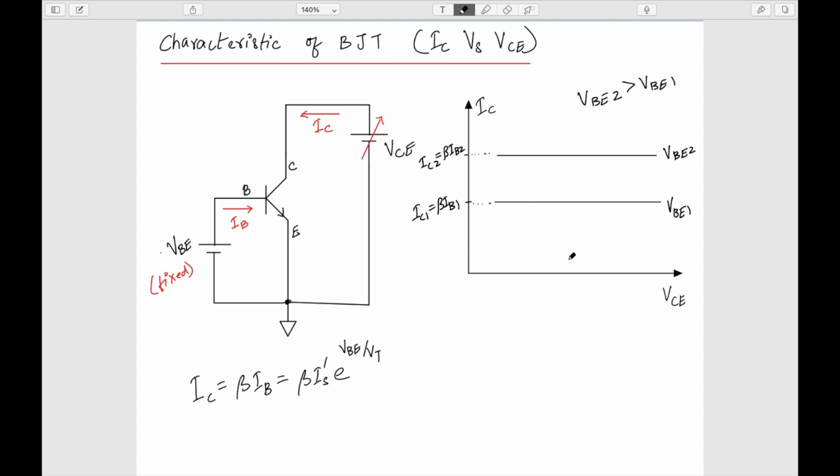Now one may ask, what will happen if I reduce this VCE to 0? Is this line going to intersect here? The answer is no. If I reduce this VCE too small, it will be something like this, and finally it will come to 0.